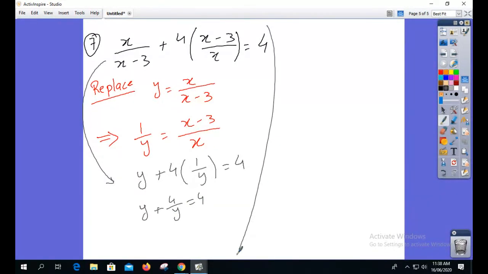Now, by taking LCM, we have y square plus 4 equals to 4y. This y, sorry, not 4y.